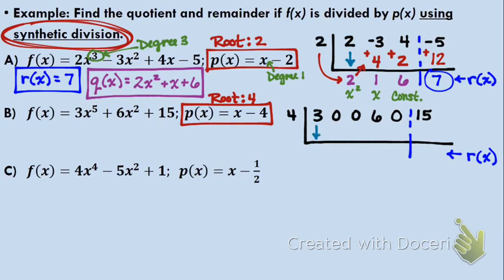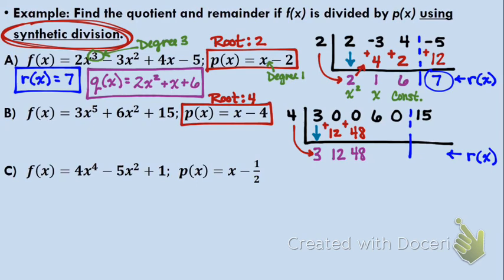Drop that first coefficient straight down. Multiply and add. So I get 12. These numbers are going to start to get big. I have 48. And then I add. Now I have to do 48 times 4.